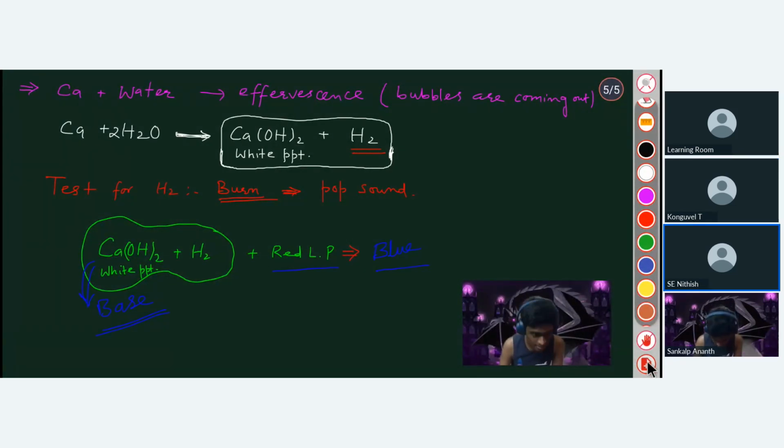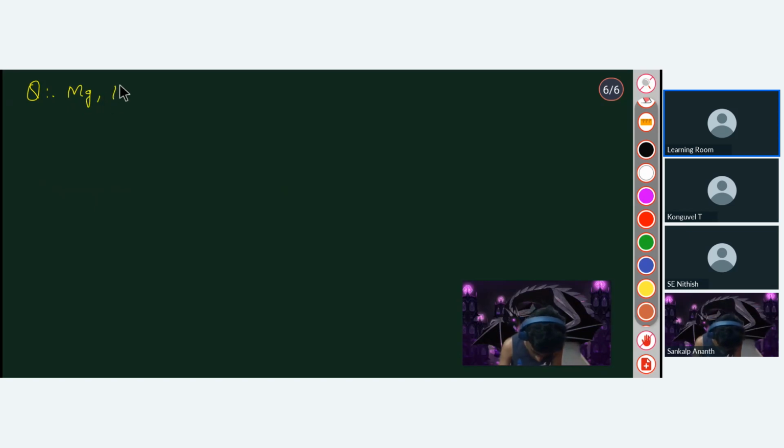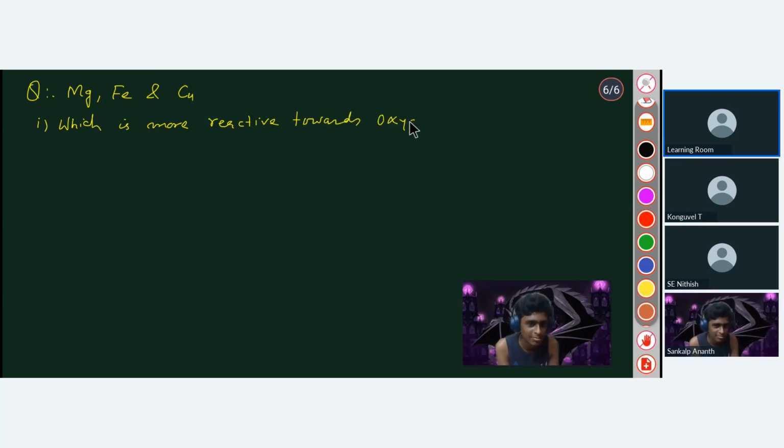If I'm having the three metals, magnesium, iron, and copper, which among these will be more reactive towards oxygen? Magnesium, sir. You have to tell me only one option. Magnesium. Exactly, the answer will be magnesium.